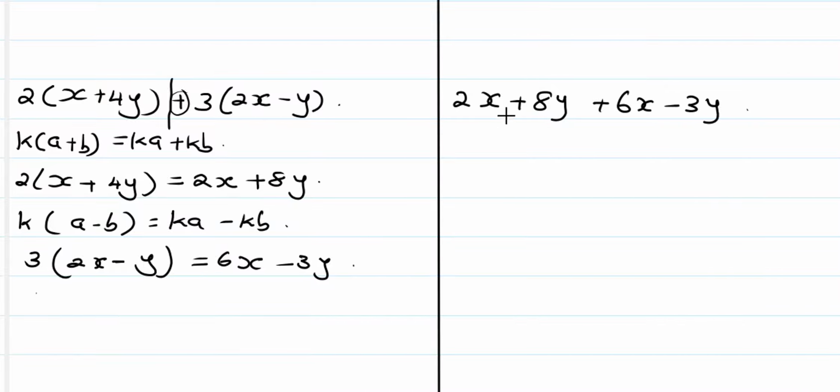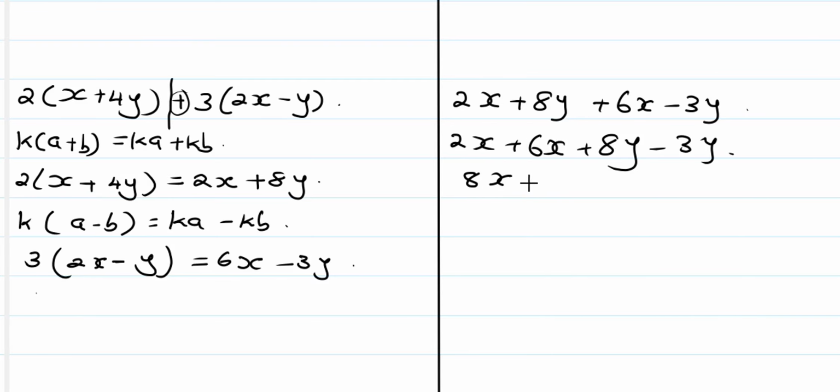Then we go ahead and combine like terms together as we did in the earlier questions. So here we have 2x, then plus the 6x here, then plus this 8y here, then minus this 3y here. And then we have 2x plus 6x is 8x, and then 8y minus 3y is plus 5y, and that becomes the solution for this question.